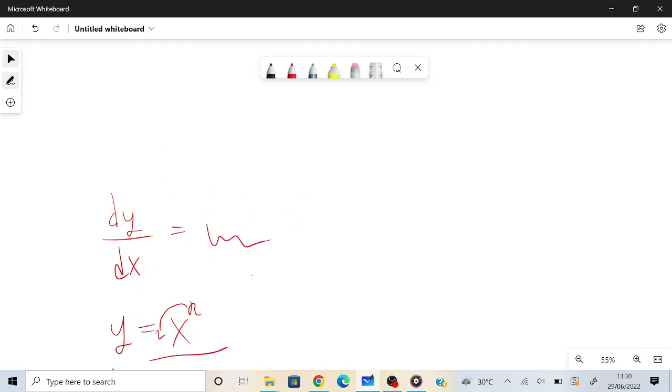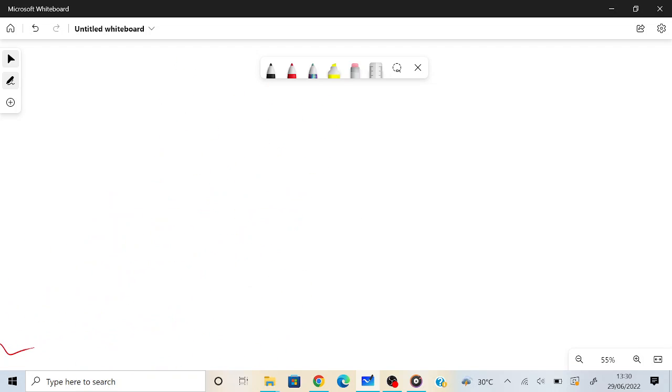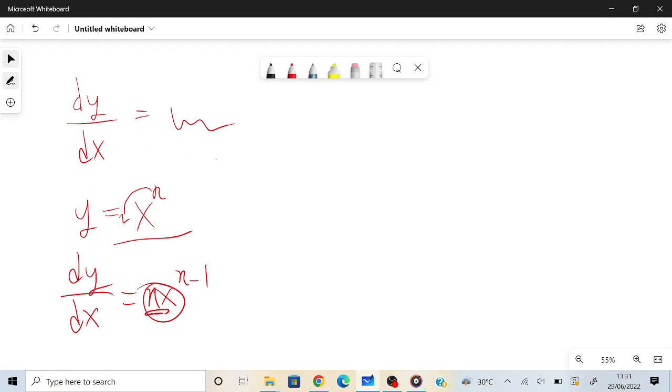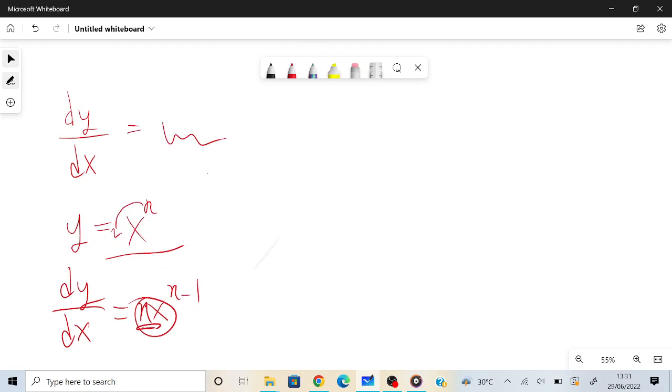Now let's have a look at a few examples. The first example says find dy dx of x to the power of 5. So this is simply your y: y is equal to x to the power of 5. Now my dy dx, as we have from the rule, is: if y is x to the power of n, dy dx is n x to the power of n minus 1.